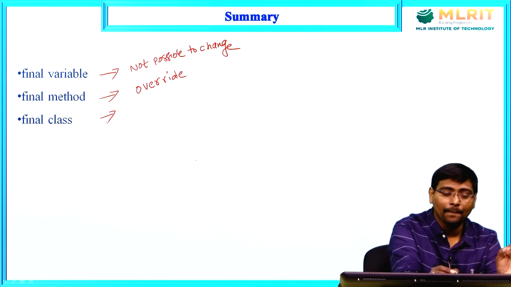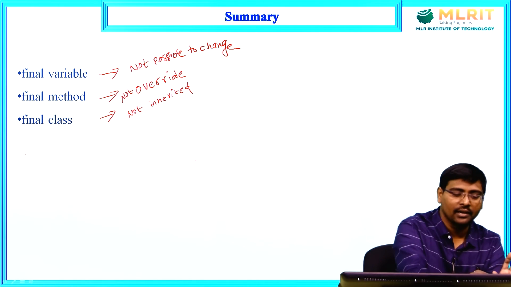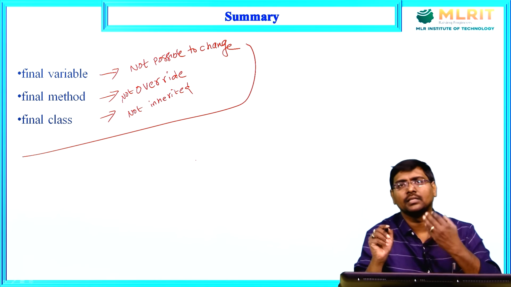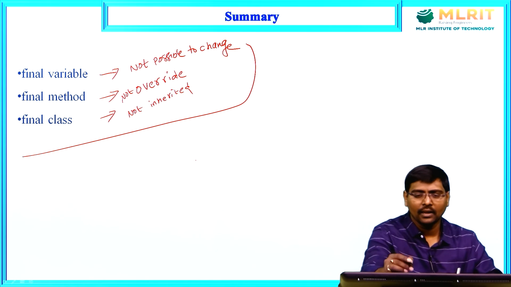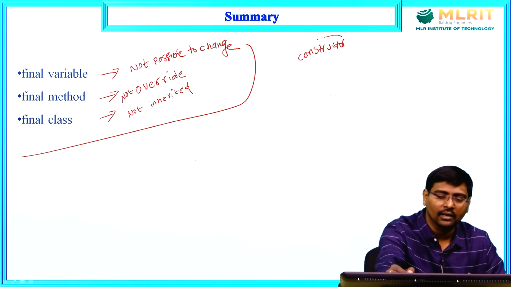Final applied to a class, not inherited. This is the final keyword. And one more point is there. Whenever you are coming to final, the final is not applied to a constructor.